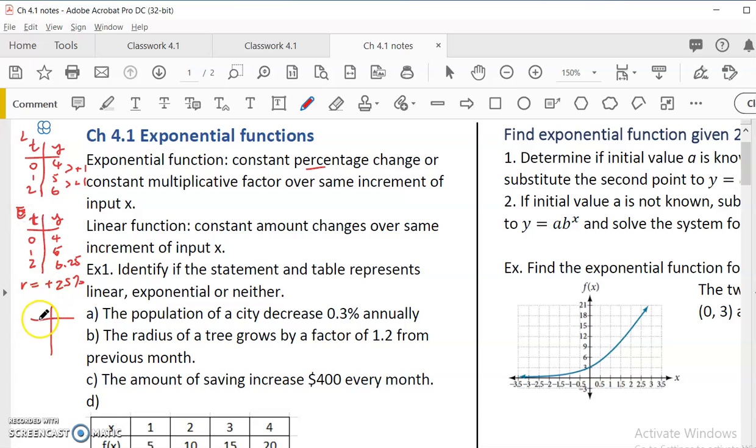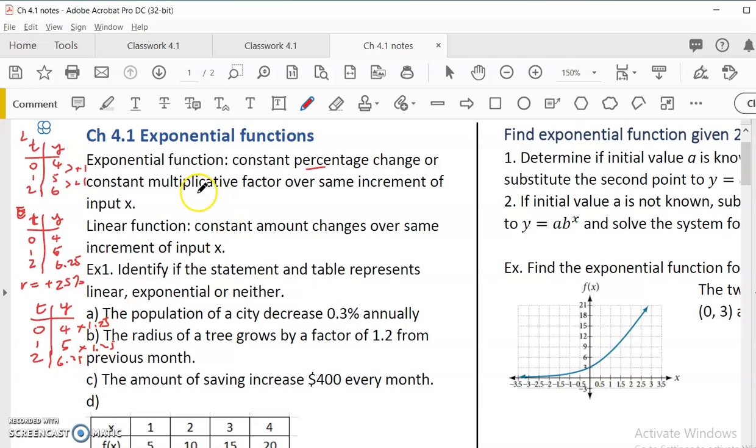And instead of looking at percentage change, you can say, instead of adding, I'm multiplying. If I have 0, 1, 2, but in the beginning I have 4, I want to times 1.25 for the second one. So 4 times 1.25 would be 5. Then 5 times 1.25 would be 6.25.